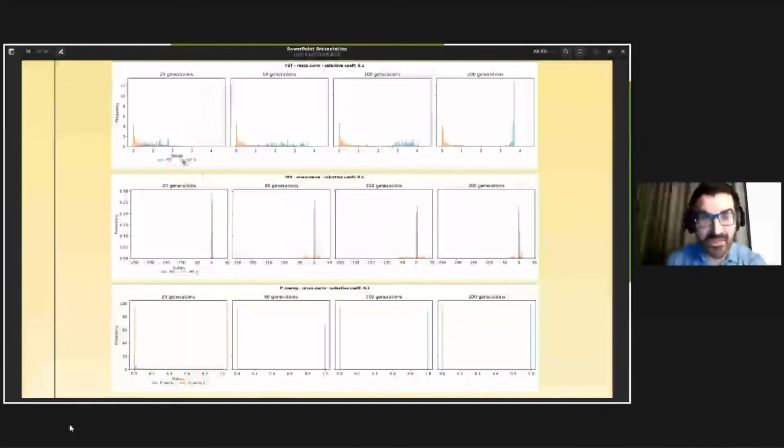As you can see here, this is the difference in the distribution of values between the non-selected versus selected simulations. So this would be FST, and you can see how, gradually after the generations, the distribution of values of FST gets separated from the distribution of values of FST in the scenarios where they weren't under selection, so they were neutral.